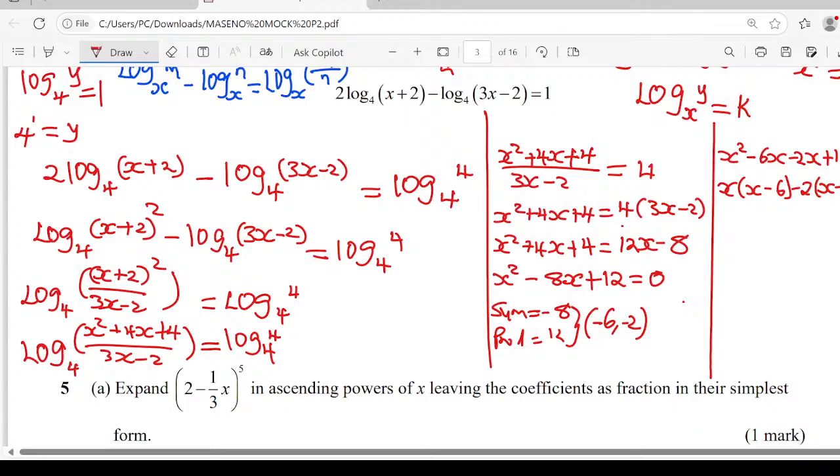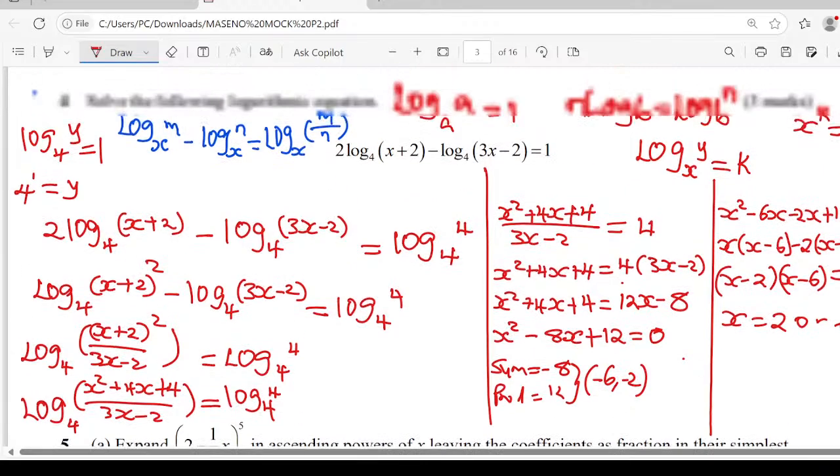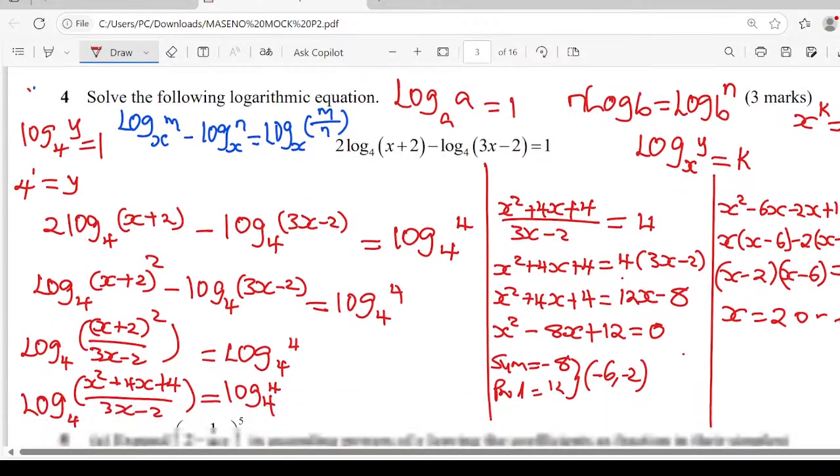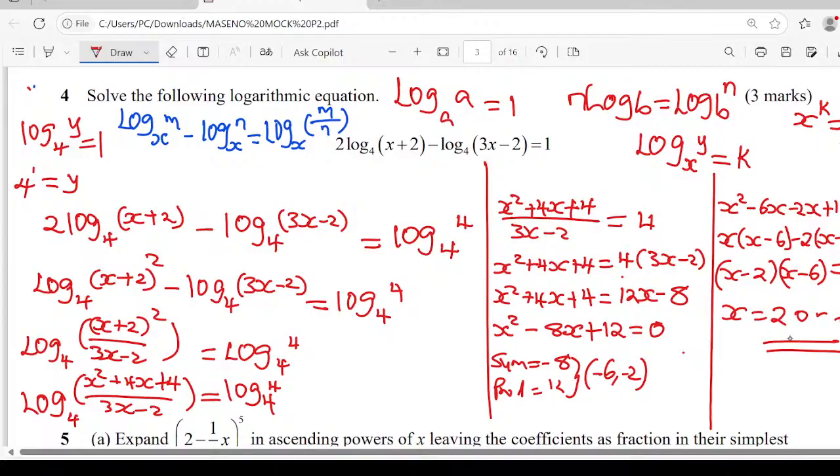So the first case will be x minus 2, then x minus 6 being equivalent to 0. That will mean x can be equal to 2 or 6. What is the question asking? Solve for x. So x can be 2 or 6.